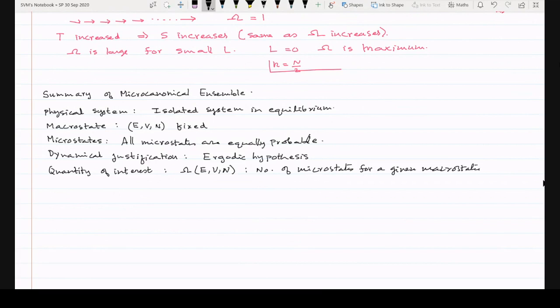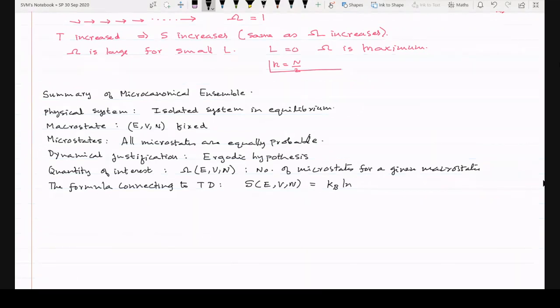And the formula connecting to thermodynamics is the Boltzmann formula. Namely, the entropy is given by K_B logarithm of omega, a function of E.